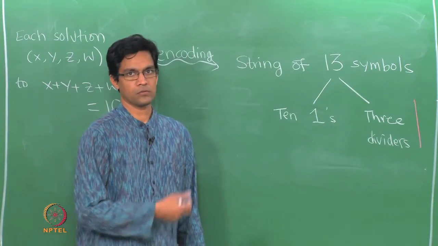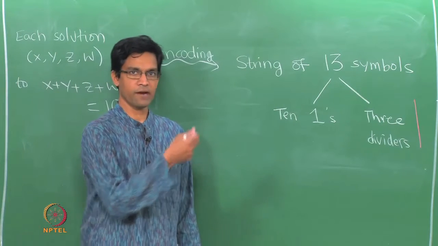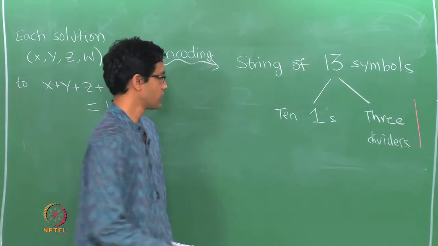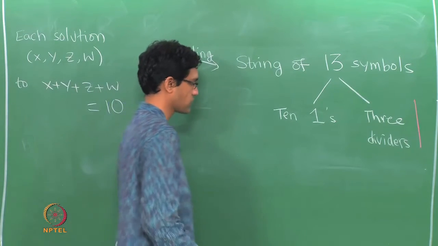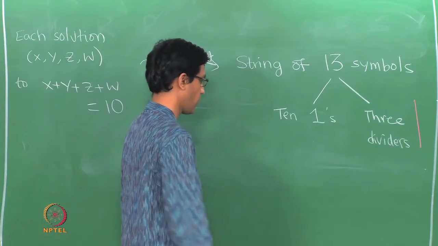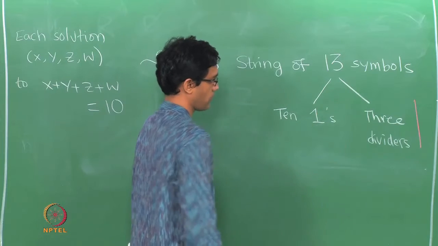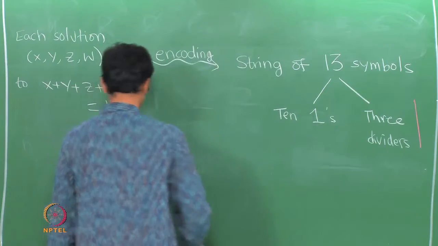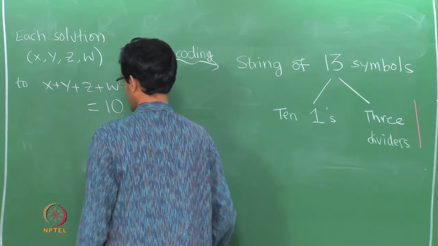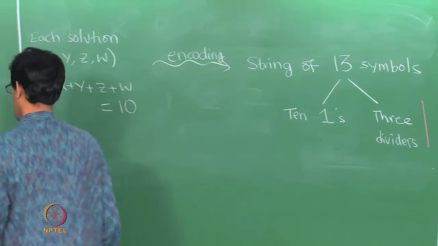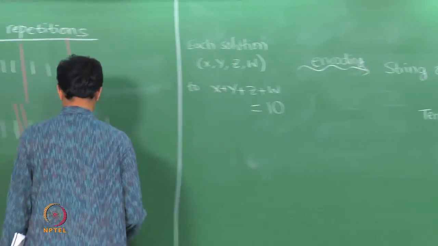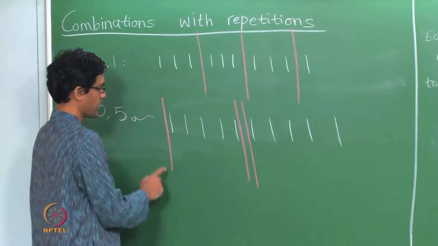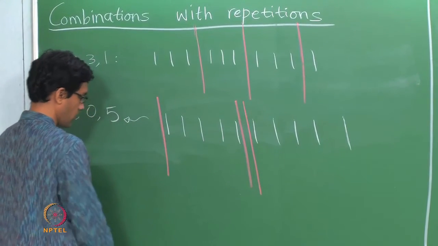Okay, so often the divider itself is hard to write when the other symbol is a 1. So to make it uniform, we replace the divider by a 0. So instead of looking at a string of 1s and dividers, we might as well just look at it as a string of 1s and 0s. So for instance, this string that we wrote out in the end, which had a divider in the beginning and so on, would be the following.